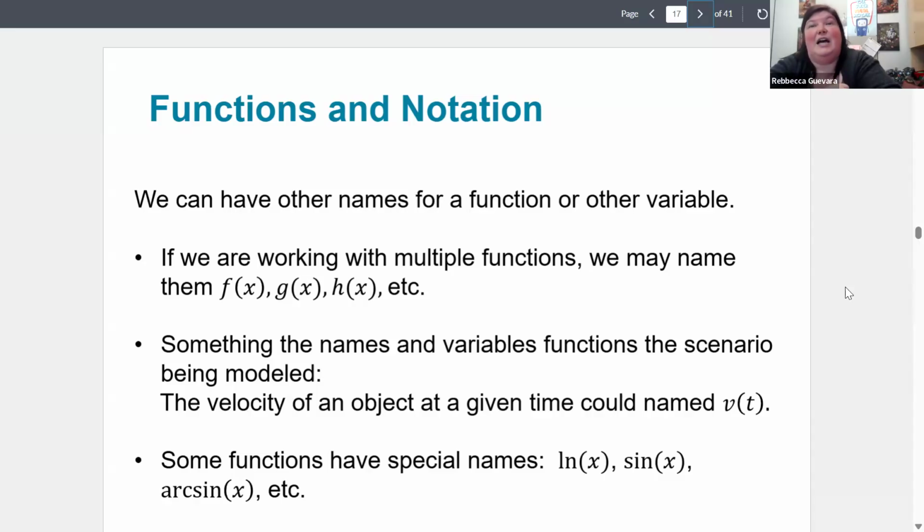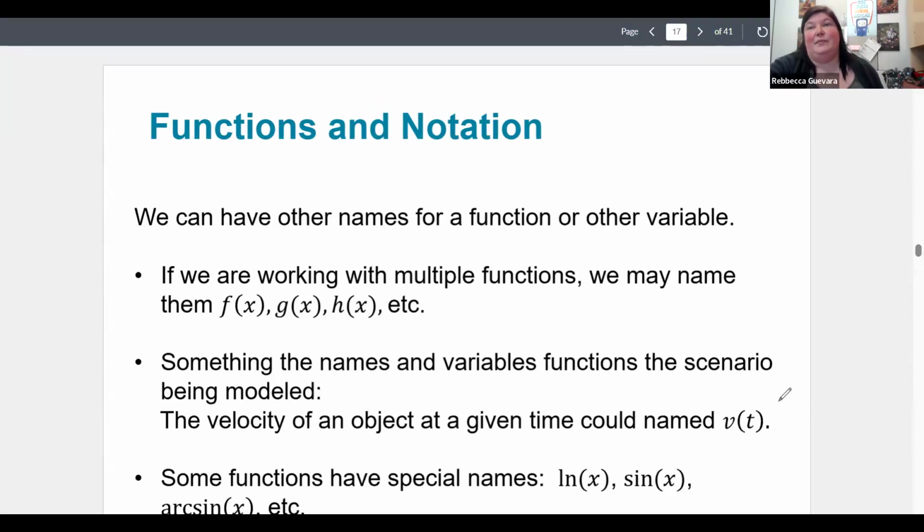So velocity of an object given a time could be v of t. V is representing the velocity, t is representing the time. This represents the independent variable, the input, and this whole thing represents the output.